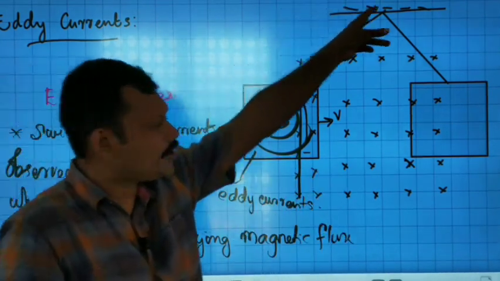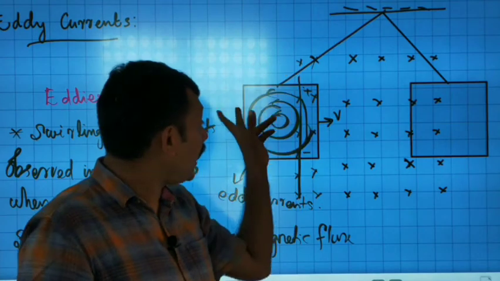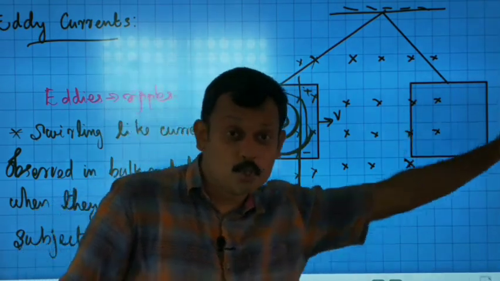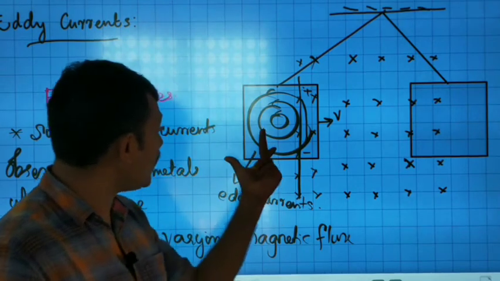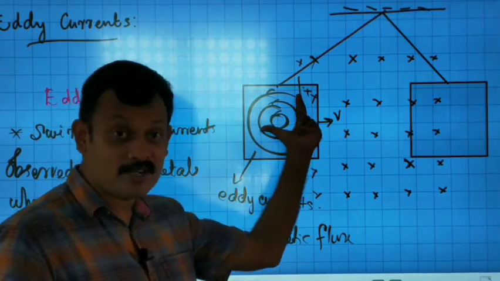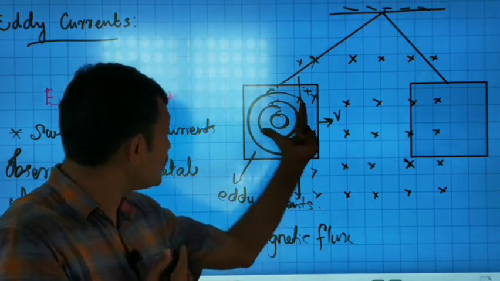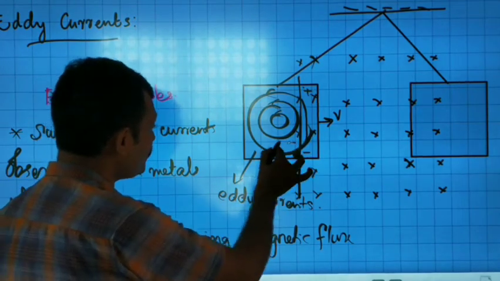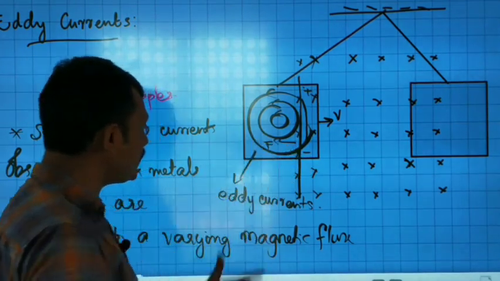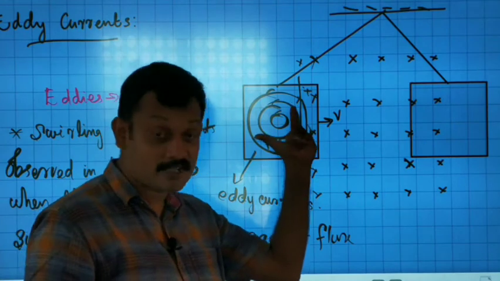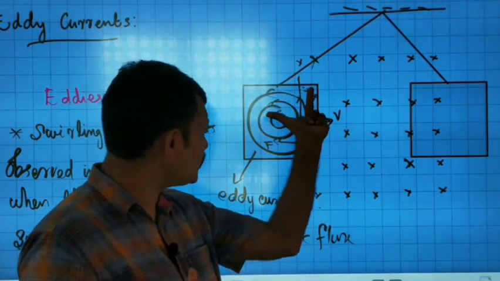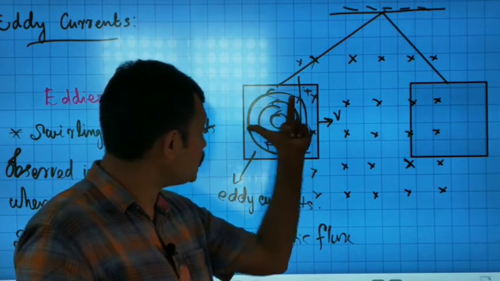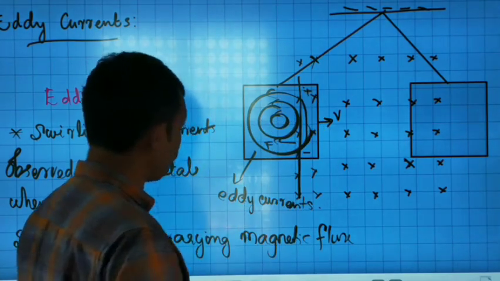Now see, I show you a situation where a conducting plate is made to oscillate in this magnetic field. As a result of this current, according to Fleming's left hand rule, this side will experience a force in this direction. Current is upwards, magnetic field is into the board, so the magnetic force is here, opposing the velocity.